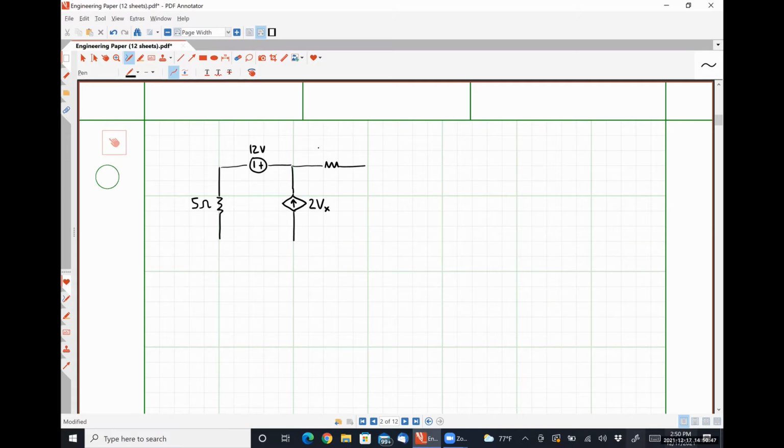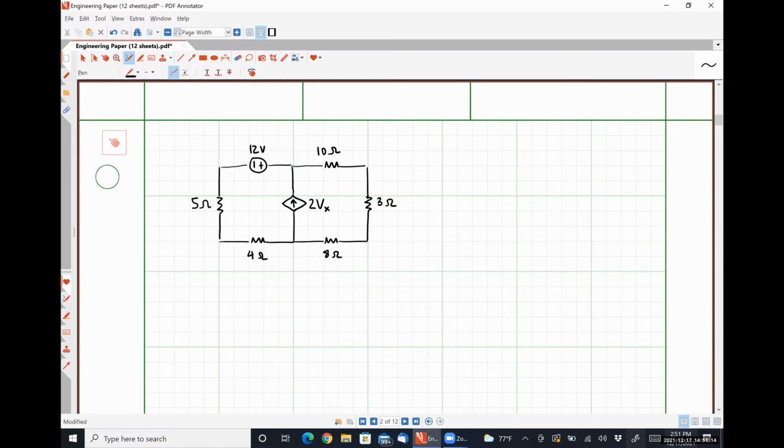Let's call this a 10 ohm resistor. Let's call this a 3 ohm resistor. Let's put a 4 ohm resistor here, an 8 ohm resistor here.